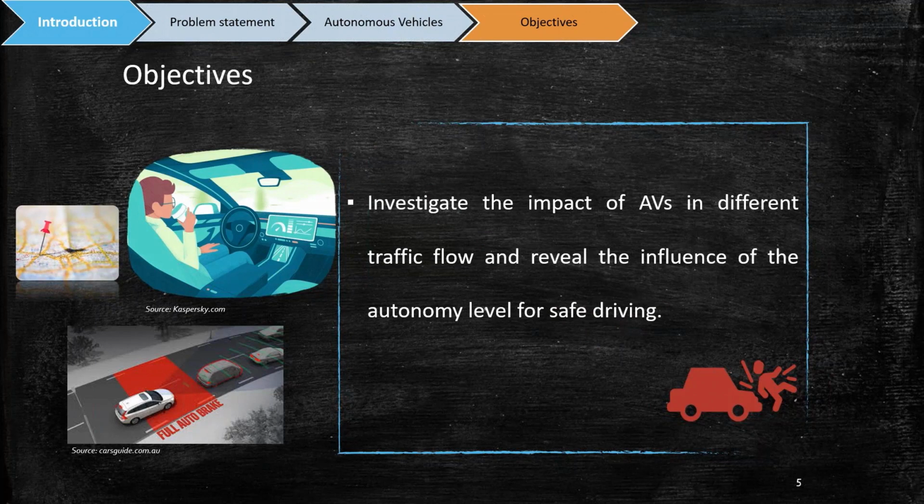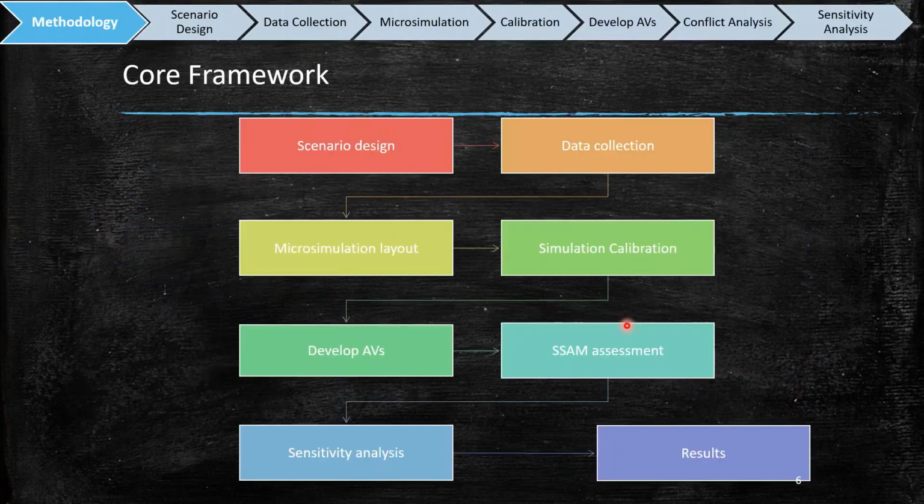The core framework of the methodology that we use is to construct the scenario design, then go for data collection, and by analyzing data, we can create the microsimulation layout. For sure, because all default parameters are based on Karlsruhe, it should be calibrated to match the field that we have.